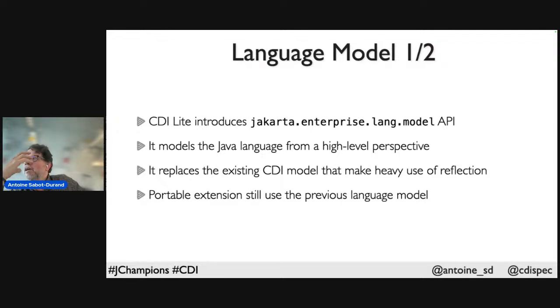It's a way to provide tools to enhance a given type, add annotations on the type and the members, fields or methods. And as I said, it was the equivalent of the CDI model, it's still there for the portable extension.